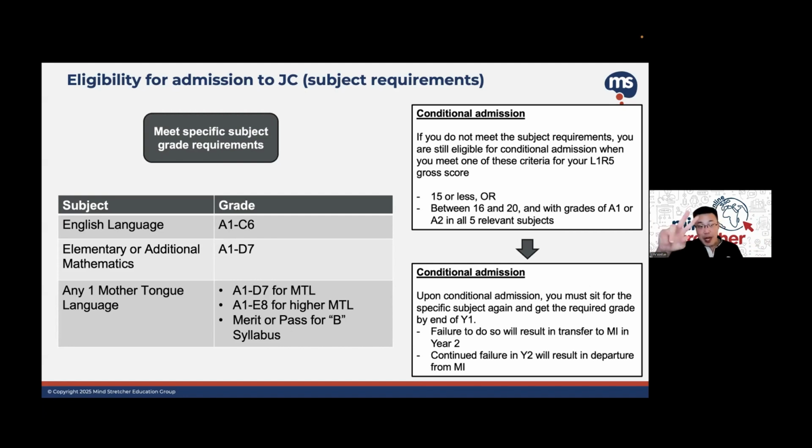So it will be quite a big step up. And if you're not going to MI, which is a 3-year program, the JC program will be a 2-year program, so it's pretty intense. And there are students who eventually find that they can't really cope, and they realize that perhaps that academic rigor is not quite suitable for them.